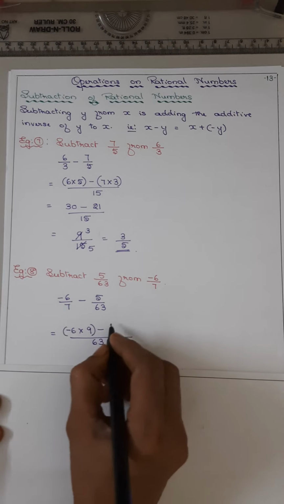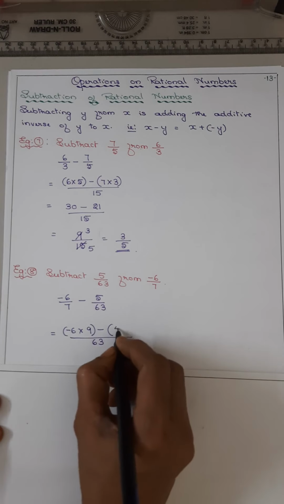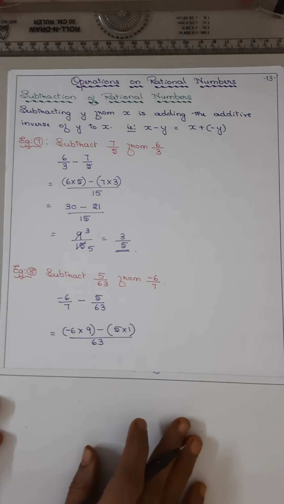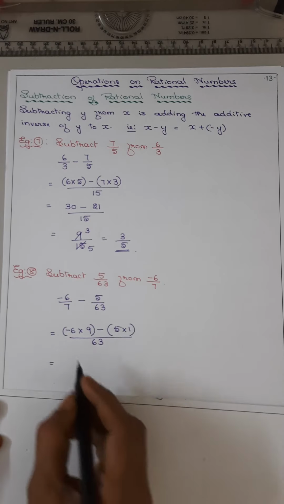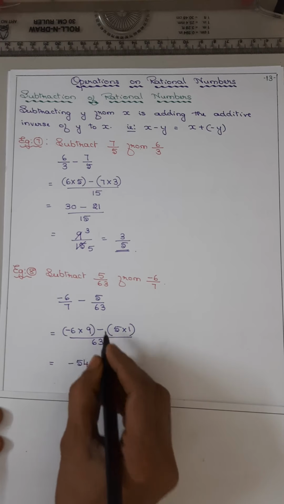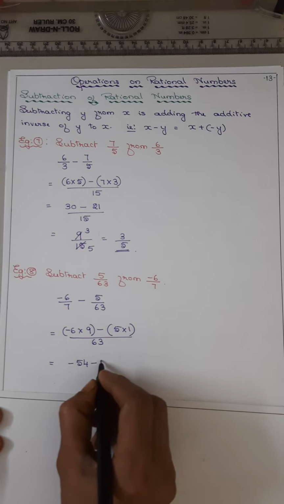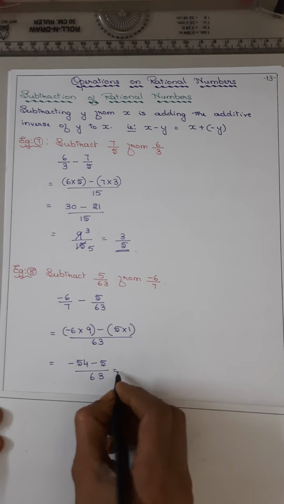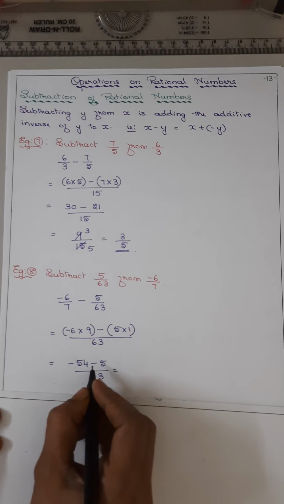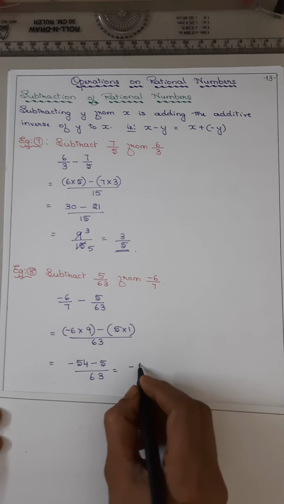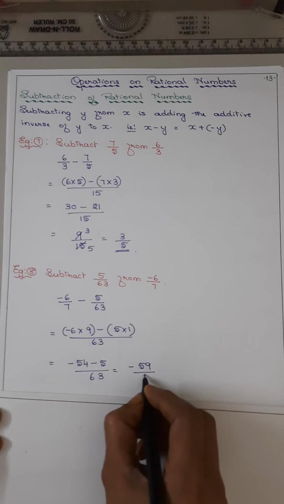Minus, this is its numerator 5. 63, how much are ones? Now multiply. Minus 6 9s are 54, minus 5 ones are 5 upon 63. Now minus minus, same sign, so minus 54 plus 5, 59 upon 63.